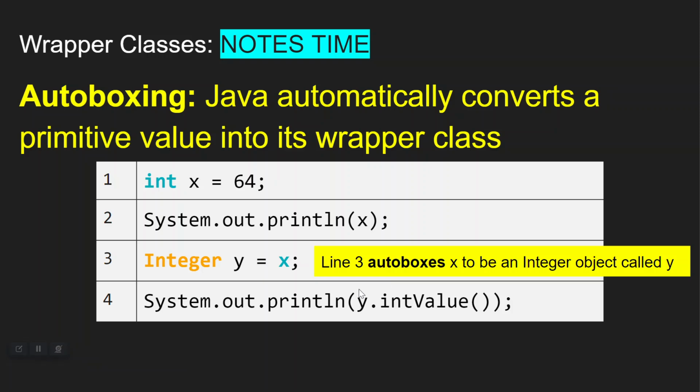And so down here, I could print y.intValue. I would have to call the intValue method in order to get it to print. But there you go. So this is an example of what auto-boxing looks like. And again, it's just anytime you take a primitive data type and automatically store it as its corresponding wrapper class.